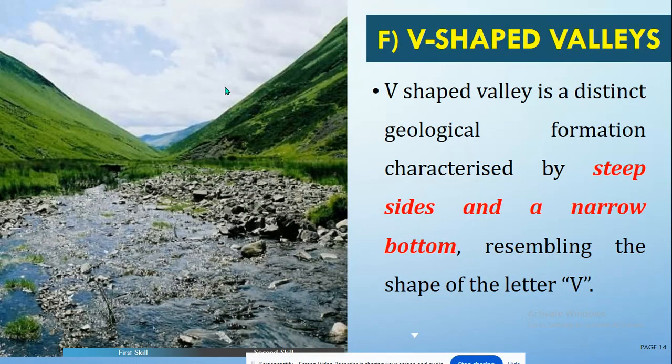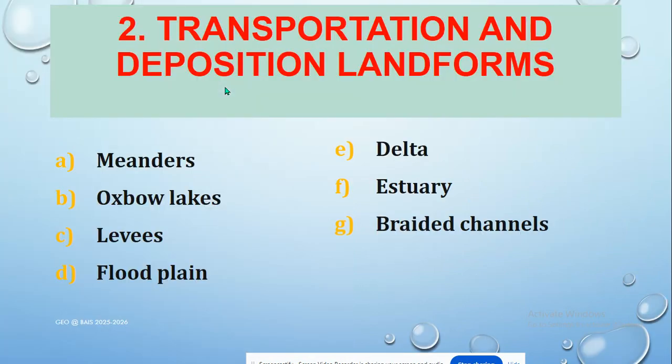Let's go on to other features, especially in the middle course and the lower course, which are mainly due to river transportation and deposition. So we have here river meanders, oxbow lakes, floodplain, delta, estuary, and braided channels.